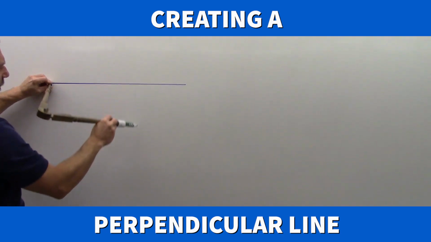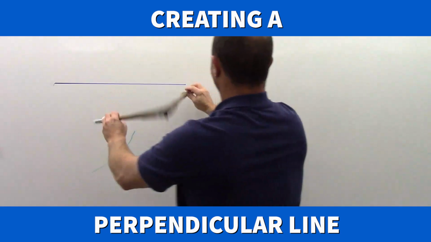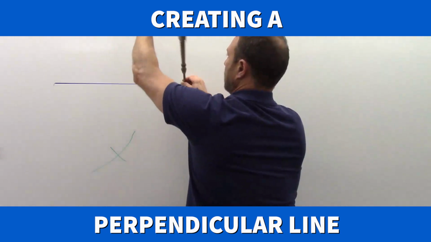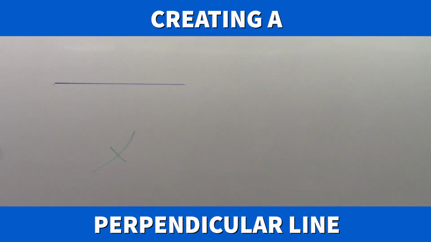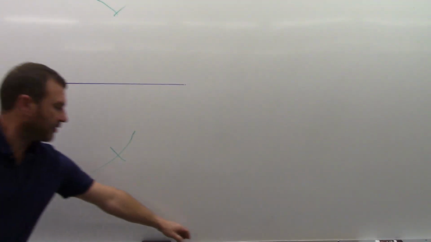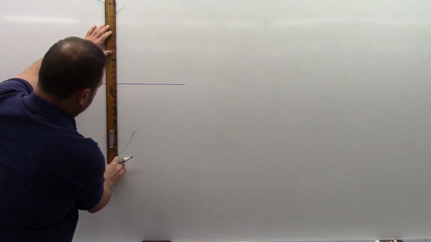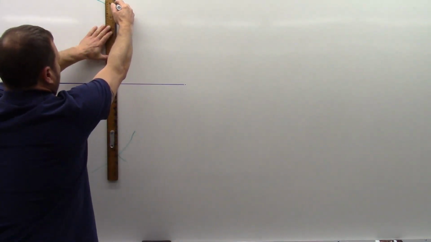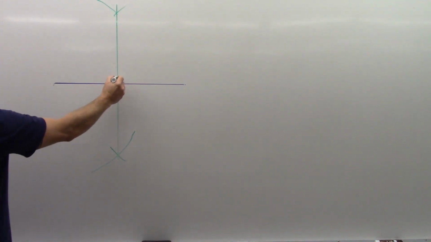And notice now, I'm not swinging the whole arc. I'm just shortcutting it down a little bit just to get my cross points. Connect those two points and I have my perpendicular. Well, now we've created a 90-degree corner.